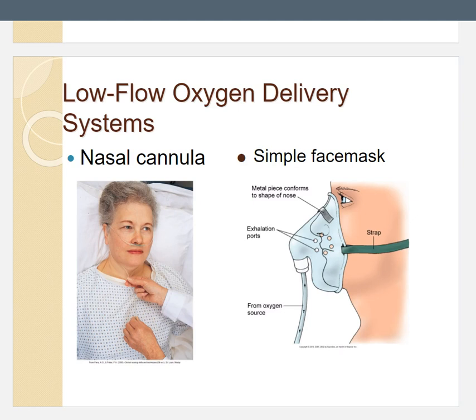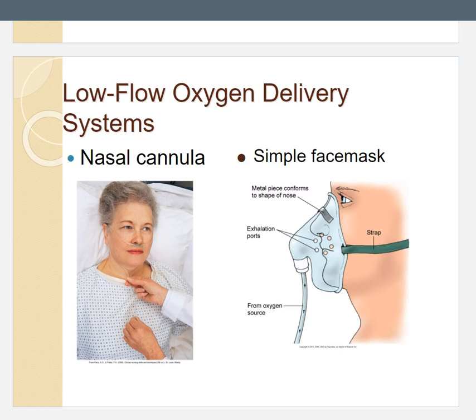Now, when we talk about our patients that are getting high flow oxygen delivery systems, those are more precise. So when we say that our patients are getting 50% venti mask, that's what they're getting, and it really isn't dependent on your patient's respiratory status. That's pretty much what they're getting.